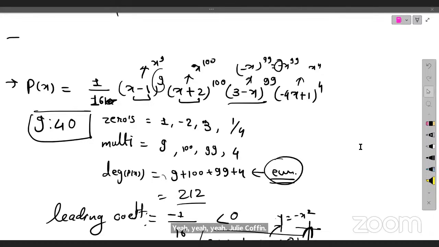If there is a term like 3 minus x with an even power, then we can interchange it without taking a common negative outside. Correct. Because then we don't need to, right? This even power will cut out the negative part.